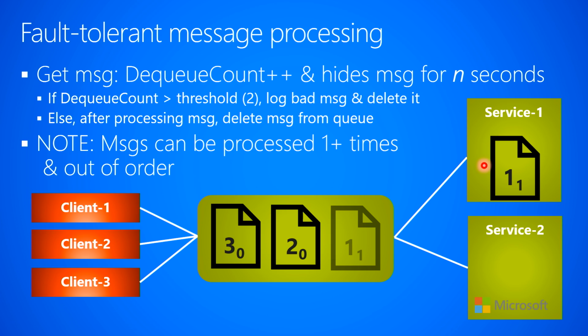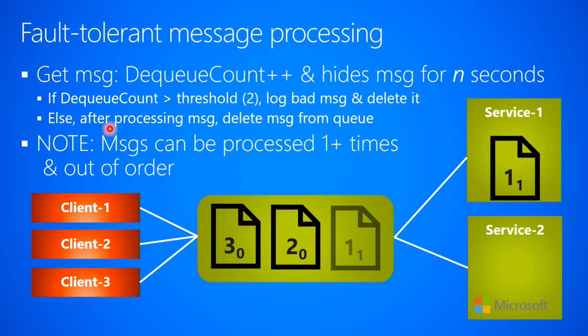And then it would simply delete the message without trying to process it at all. Because processing it is probably going to cause the service to crash. That's why the DQ count is so high. The message keeps getting reprocessed because it never gets fully processed. And I will explain this more as I go through the animated slides.